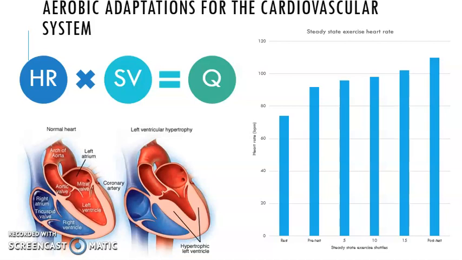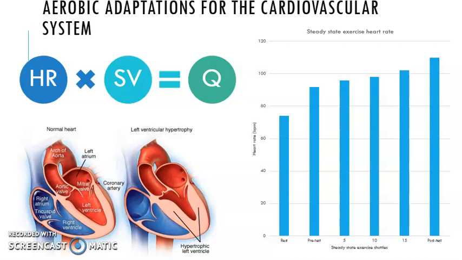During aerobic training, it is likely that athletes' hematocrit value will increase. This is the percentage of red blood cells in the blood. An increase in red blood cell concentration means that there is more hemoglobin present, allowing a higher volume of oxygen to be carried in the blood, and therefore to the muscles.